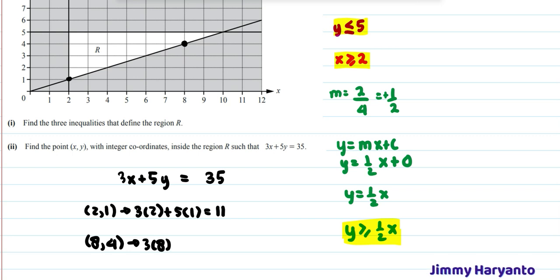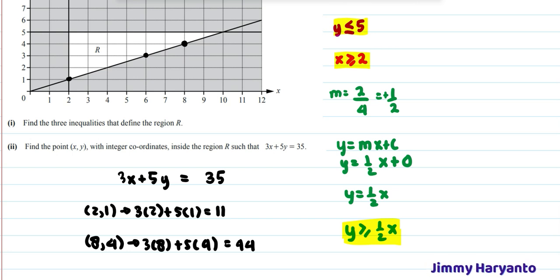3 times 8 plus 5 times 4 equals 24 and 20. 24 and 20. Oh yeah, 44. It's 44. Okay, that's too much. Let's move to the left a little bit.